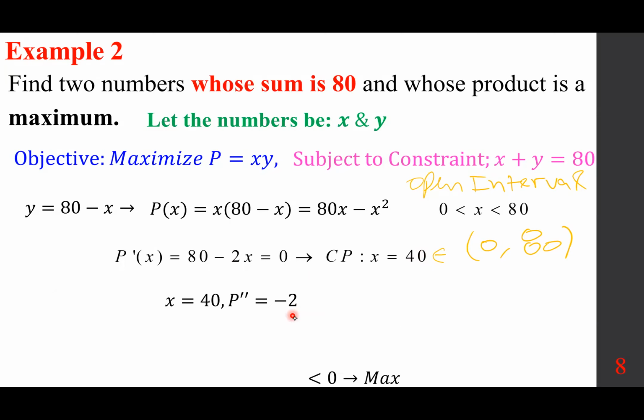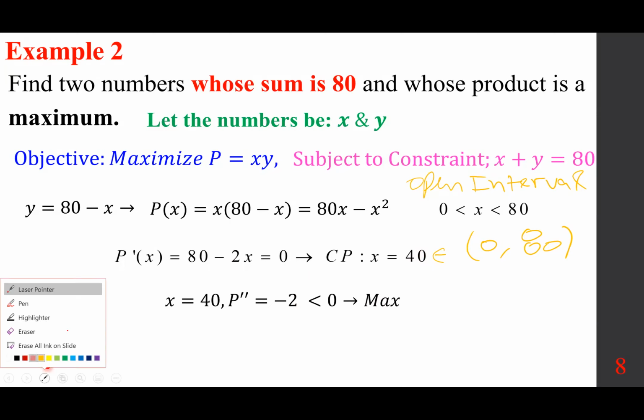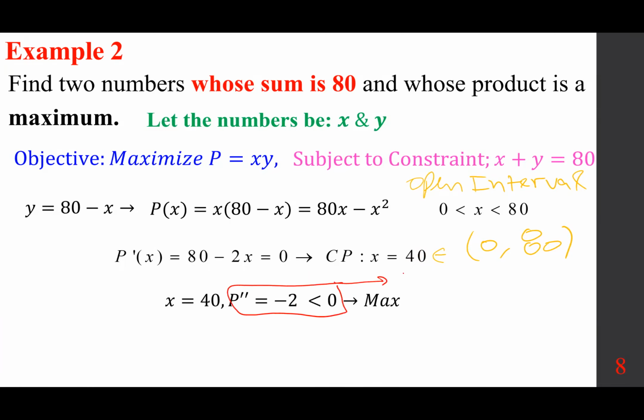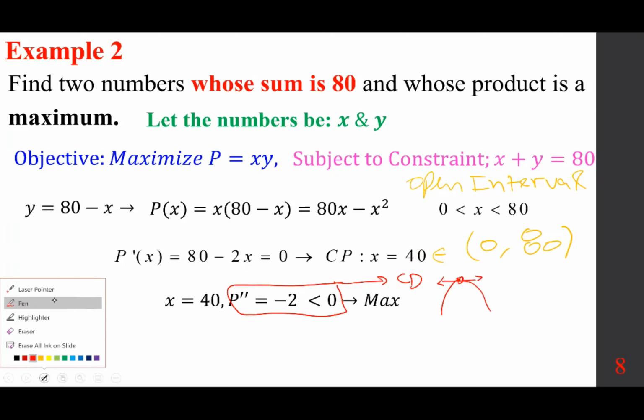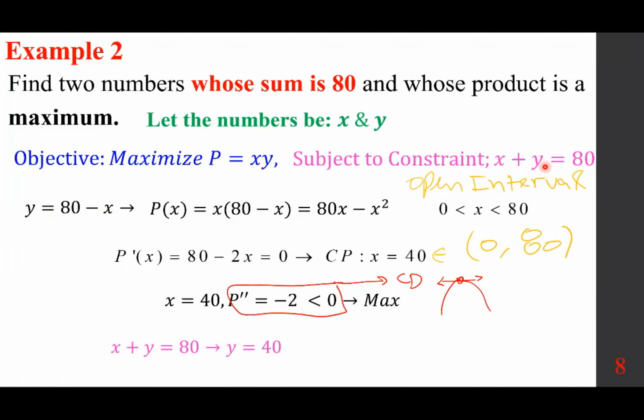Negative results in a max, again, because when it's negative, it means it's concave down, looking like that. Maximum appears here. So if X is 40, then we go to either this one or this one. Y also becomes 40, and their product is 1600.